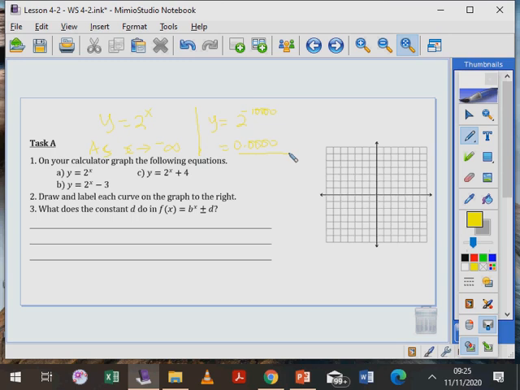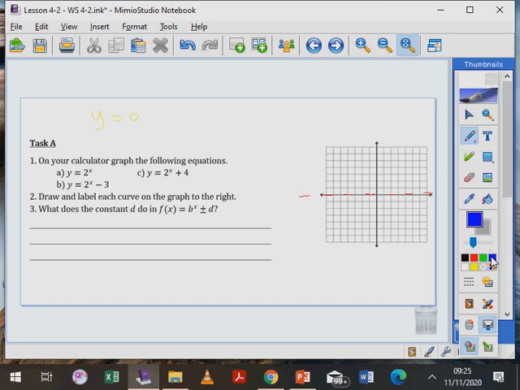So as x tends to a big negative value, y goes to 0. That tells me that the horizontal asymptote of this equation is going to be y equals 0. That's the horizontal asymptote. And that line is the x-axis.